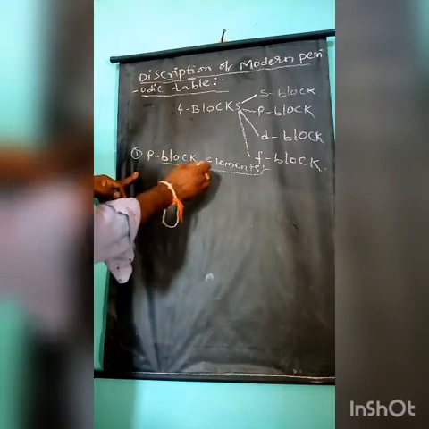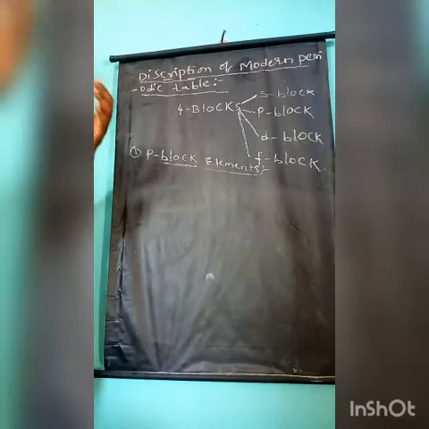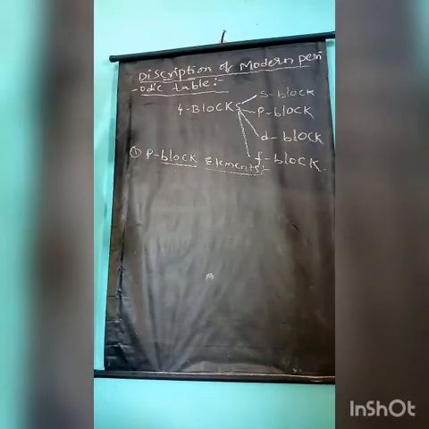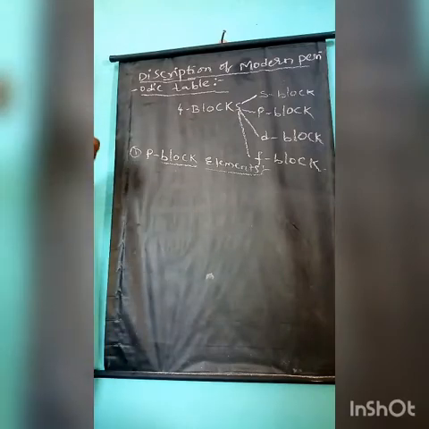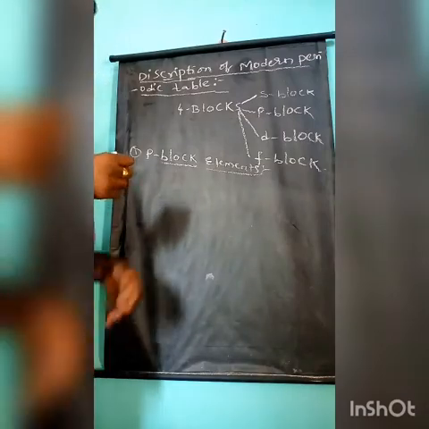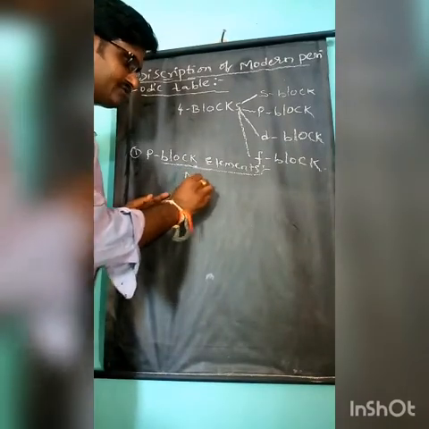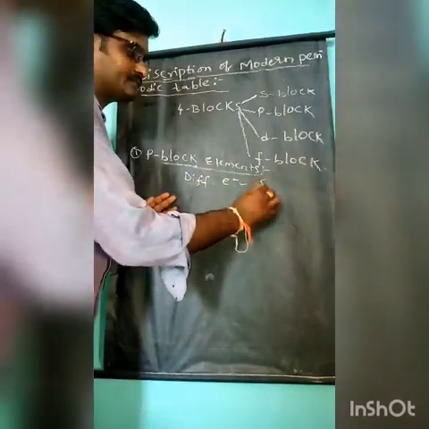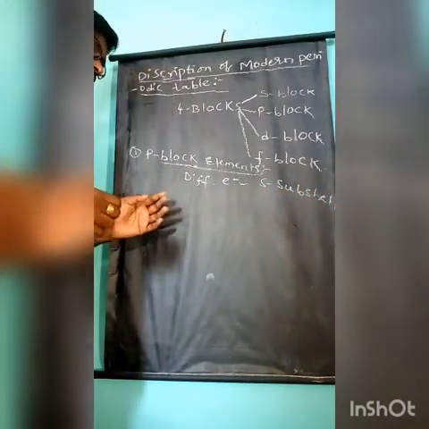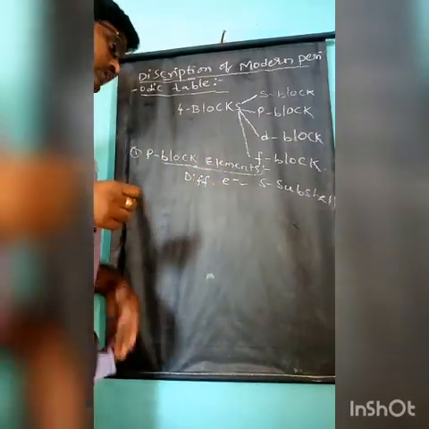p block elements. How do we define the p block elements? In the p block, the differentiating electron enters into the p subshell of the outermost shell. That kind of element is called a p block element.